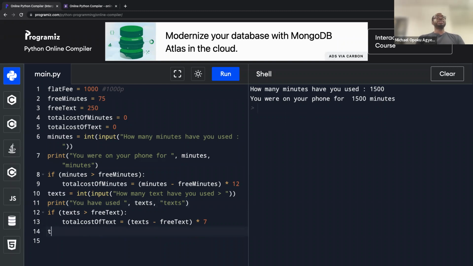Then I want to calculate the total bill. That will be equal to the total cost of minutes plus total cost of test. And remember, they are paying a flat fee, right?